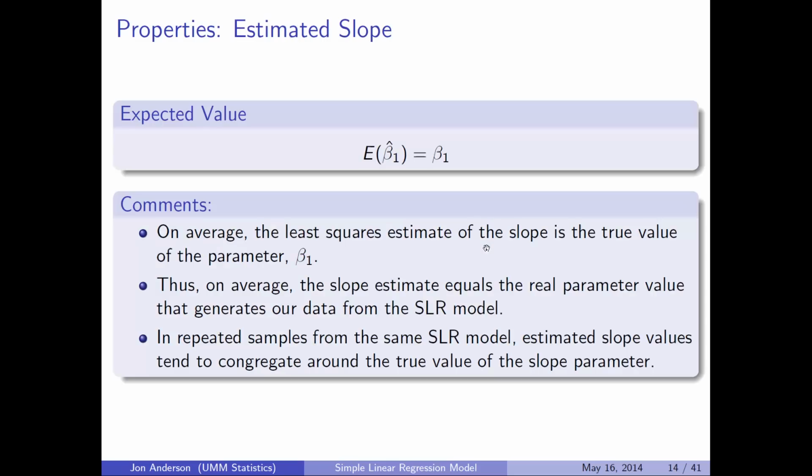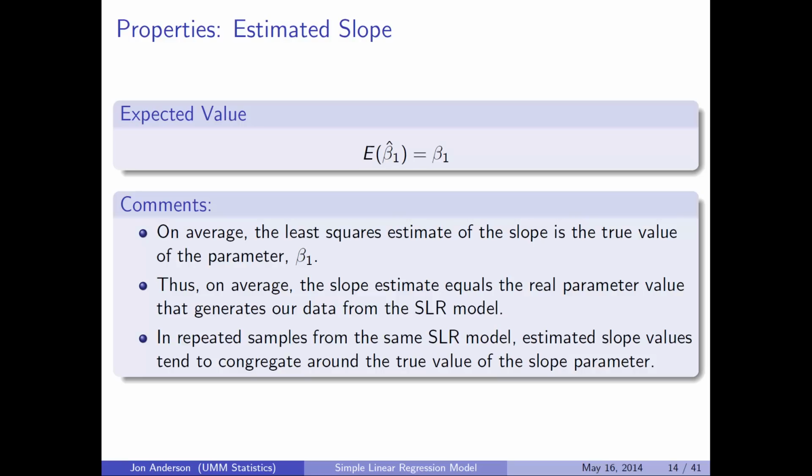And what this overhead shows us is that on average, capital E means expected value, on average this random thing tends to be the real value of the parameter. And that's a very reassuring statistical thing, that this estimation routine on average gives us estimated slopes that are the real slope in the data creation system.